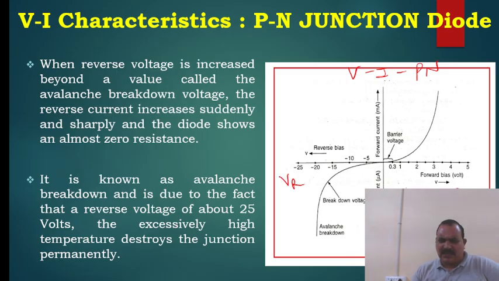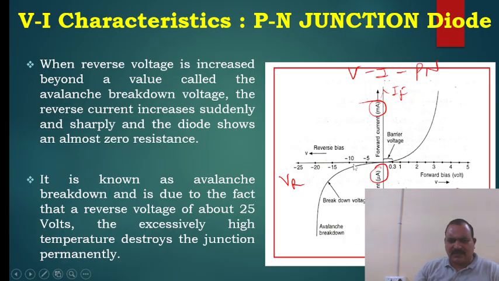This is the leakage current, or the reverse current, and in this direction the current is the forward current. One more thing: in reverse we have to use a microammeter during the experiment, and during forward biasing we have to use a milliammeter. Kindly note this. So avalanche breakdown takes place due to this concept.